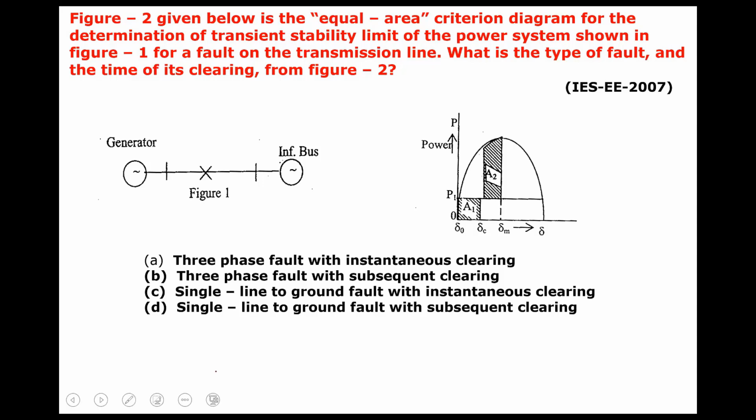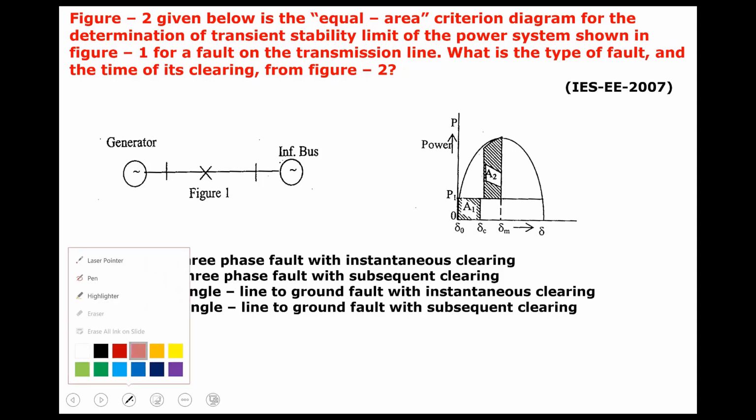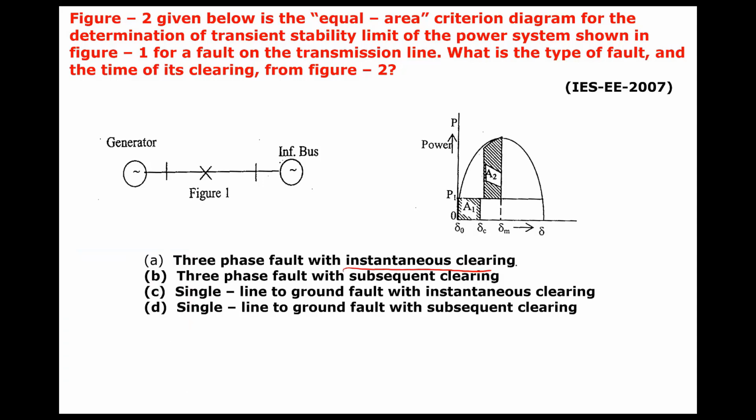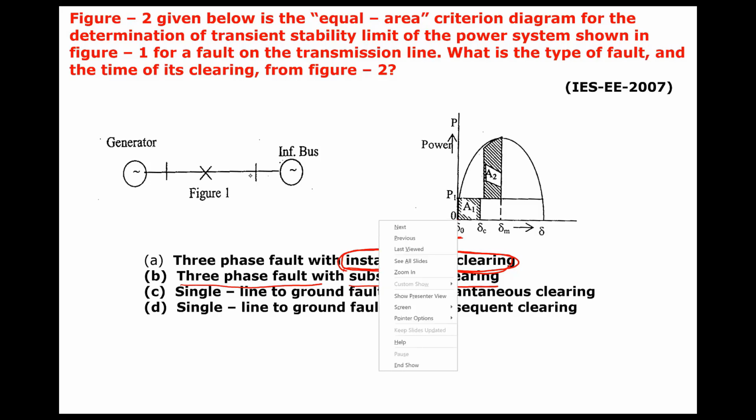Three-phase fault with instantaneous clearing means if the fault gets instantaneously cleared, there will not be any swing. Your delta naught value will not change. Here a three-phase fault occurred and subsequently it is cleared. The fault occurred at delta naught, then suddenly the operating point is shifted to 0 because the fault is a three-phase short circuit fault.